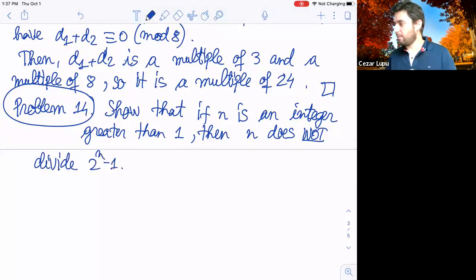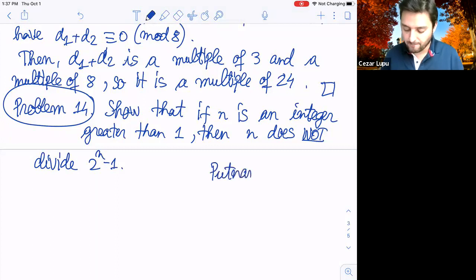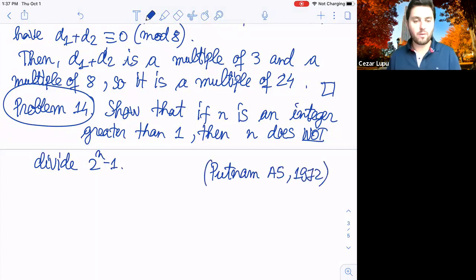This is a very classical problem at this point, but it was a Putnam A5, 1972. Like I said, this will be an immediate application of the order of an element.